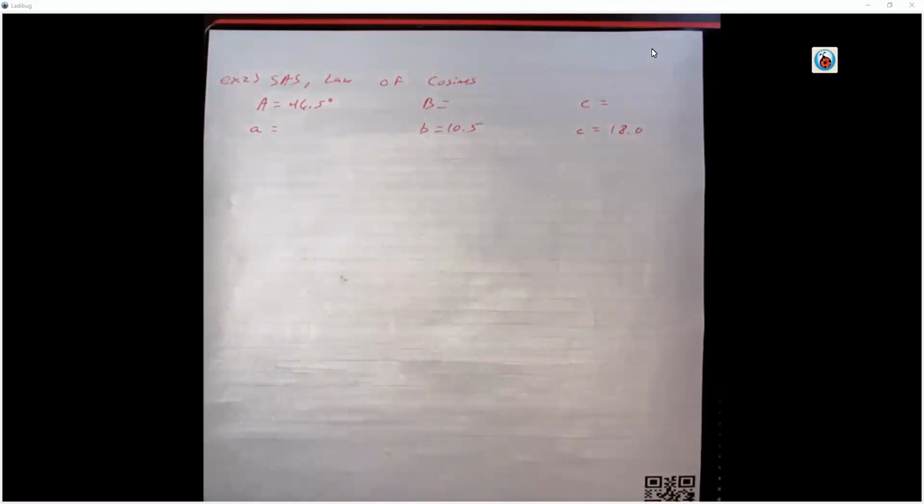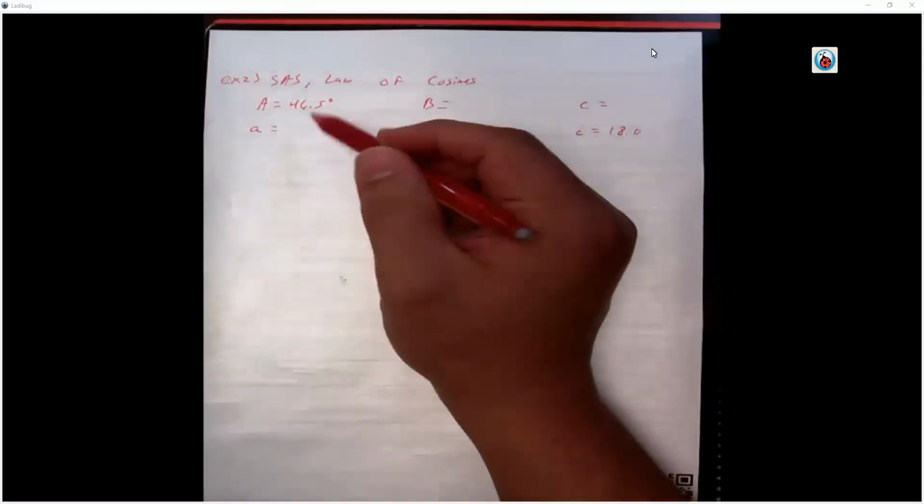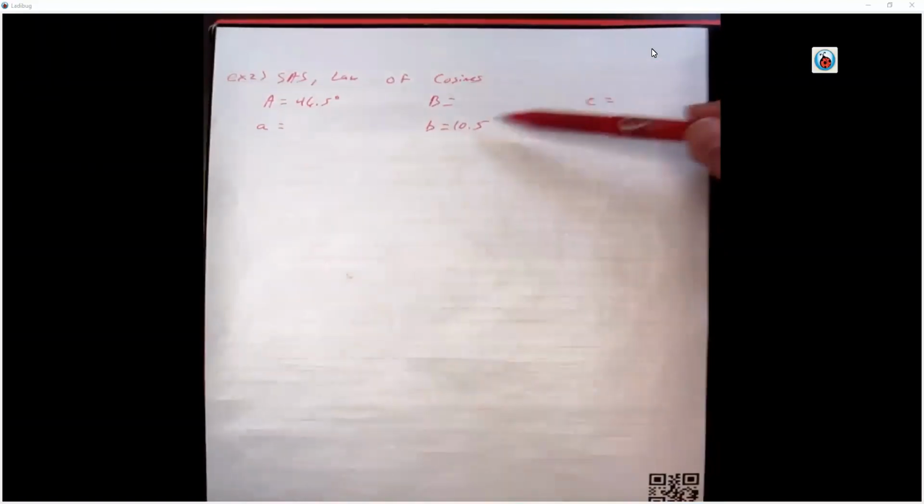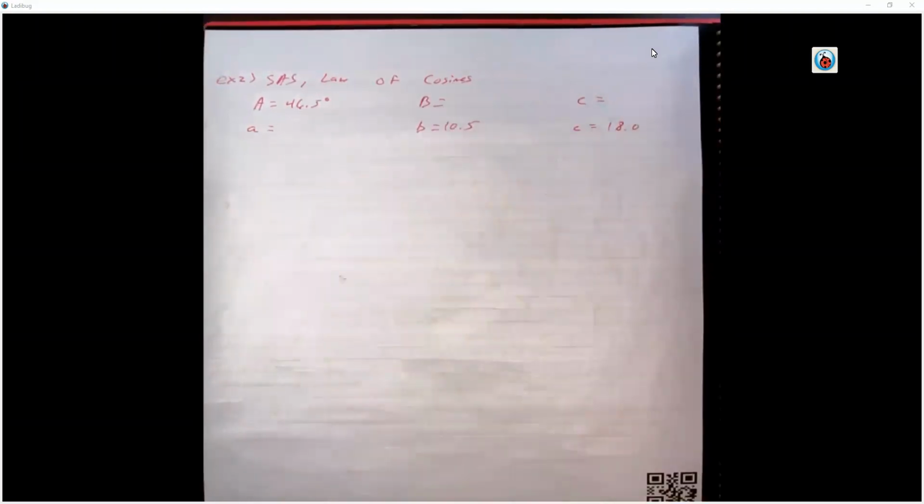Is it obvious why we have to use law of cosines? Yeah. There's no opposite side, right? If you're missing an opposite angle or opposite side, there is no situation where I have both capital A and lowercase b. I cannot use law of sines. So we have to do law of cosines.